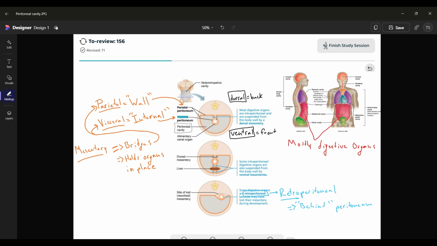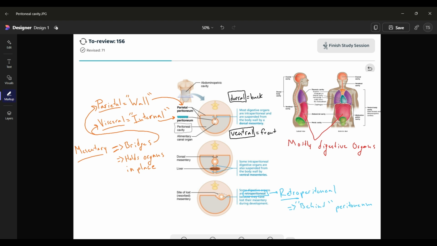This connection between the parietal peritoneum and the visceral peritoneum is known as the mesentery. So the mesentery is basically a bridge between the parietal peritoneum and the visceral peritoneum. So it's the way that you connect this organ that's here in the cavity to the actual peritoneum, or the wall, right, that's around here in this cavity.